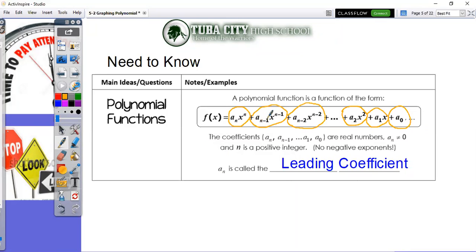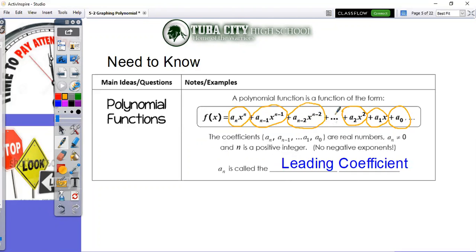So n minus 1 simply means go down 1 power. So this would be the 4th term and the 4th powered polynomial. Go down again, since we were working with 5, 5 minus 2 is 3. So our 3rd coefficient is this number here. And this would be 5 minus 2, which is 3 power.